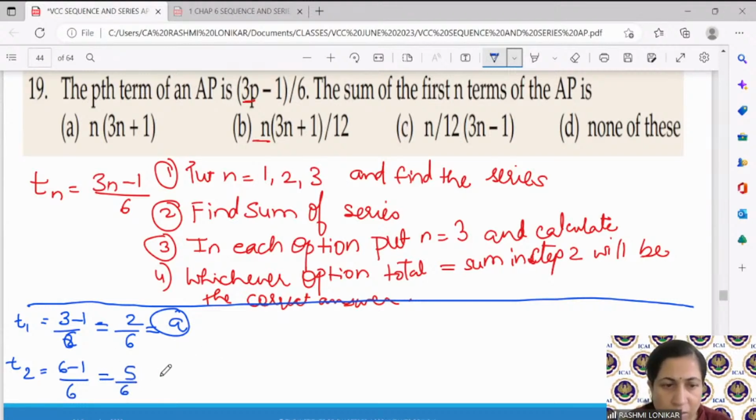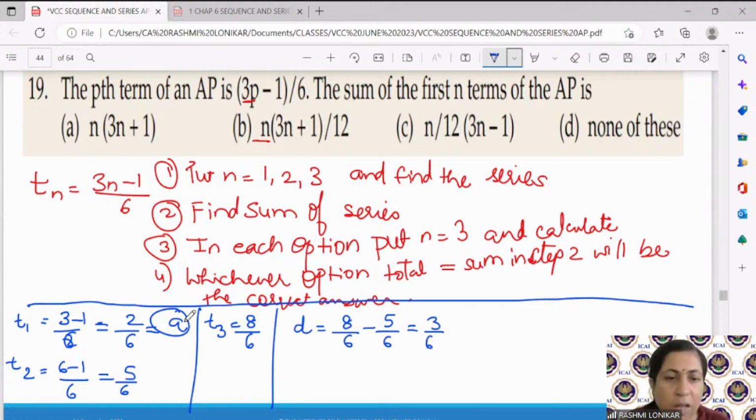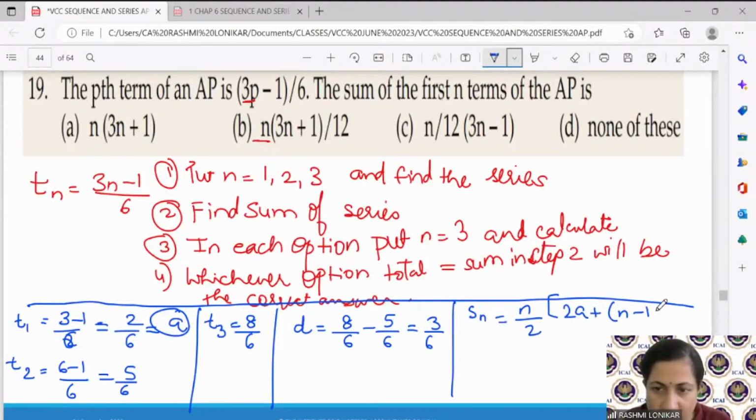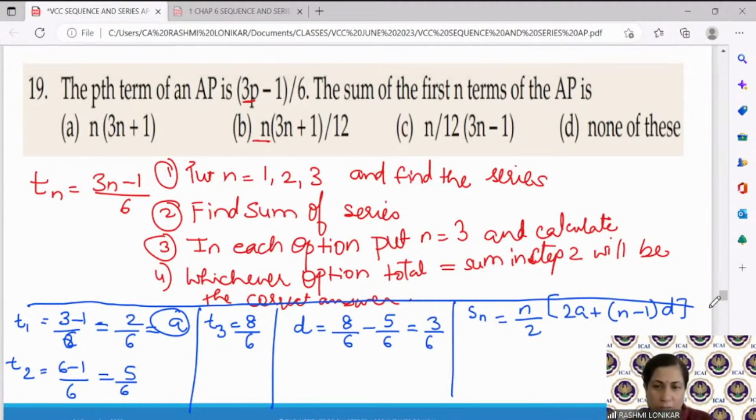T3 I found out as 8 upon 6. Now I can even find D. D is 8 by 6 minus 5 by 6, which is equal to 3 by 6. Now I have A, I have D. I can also put it in the formula of Sn. Sn is n by 2 times (2A plus (n minus 1) D).